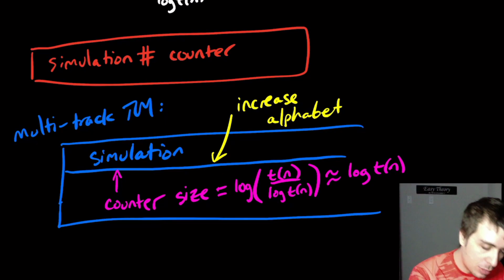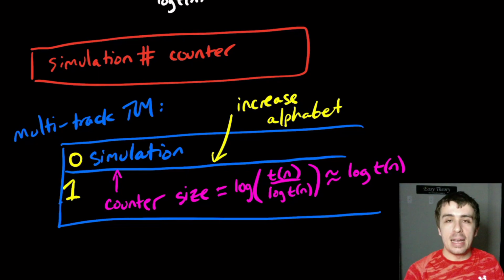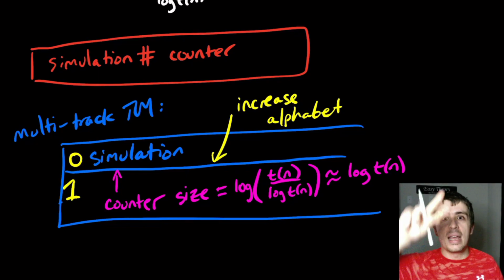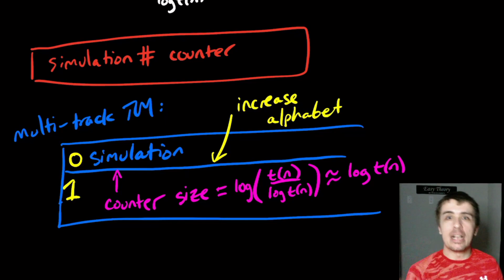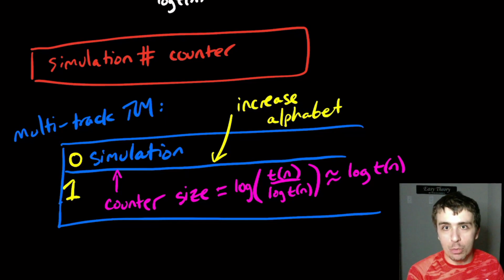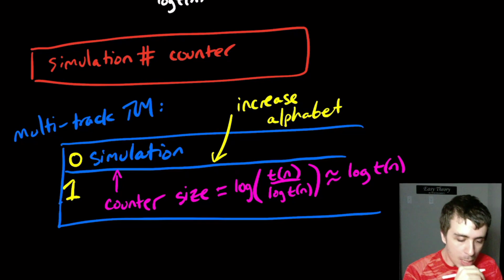Like if there was, let's say, a 0 and a 1 here, then we would have a character that is called 01, and that is one character on the tape. So increasing the alphabet doesn't increase the runtime of the machine, so we're okay, as long as the alphabet size is finite, which it is here.